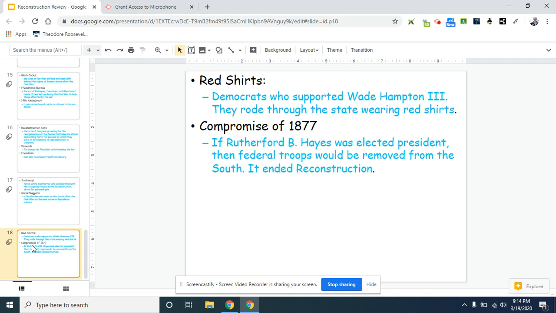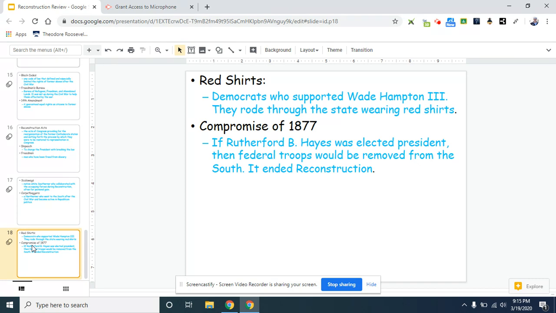All right. Compromise of 1877. If Rutherford B. Hayes was elected president, then federal troops would be removed from the South and it would end Reconstruction. Guys, if you're in the South and you've been under the thumb of the federal troops, the United States Army, for 10 years, are you tired of that? Yes, you are probably tired of that. Okay.